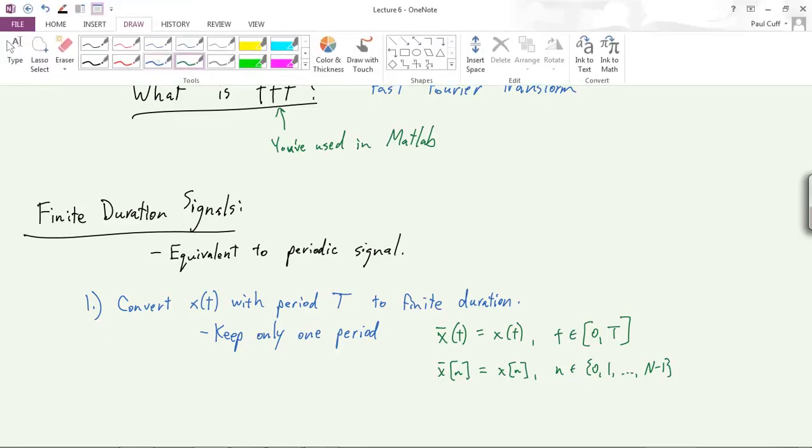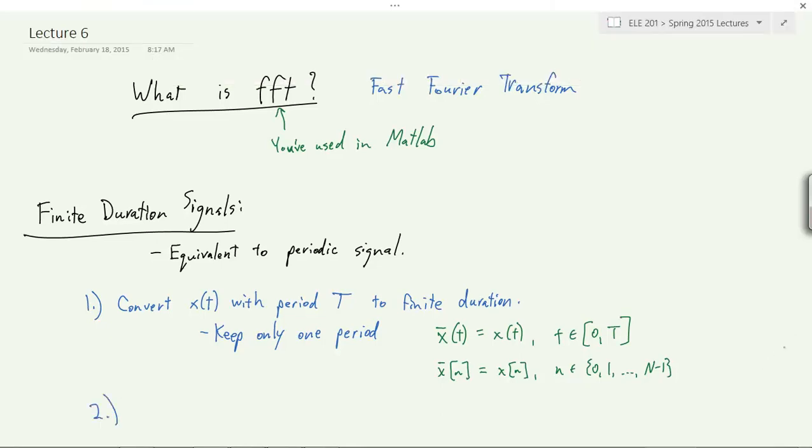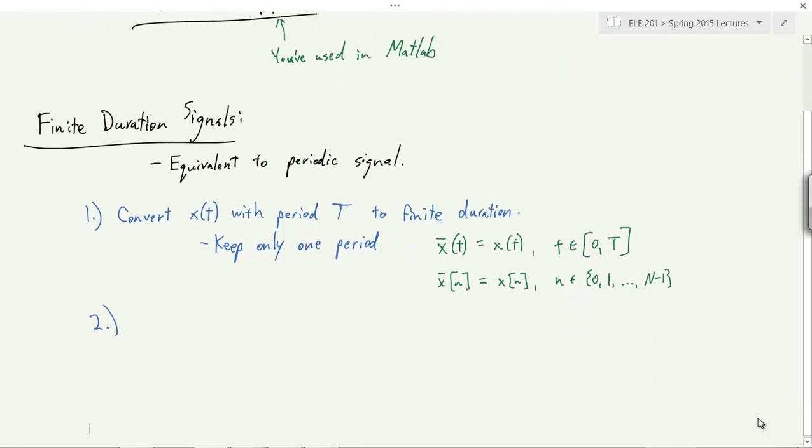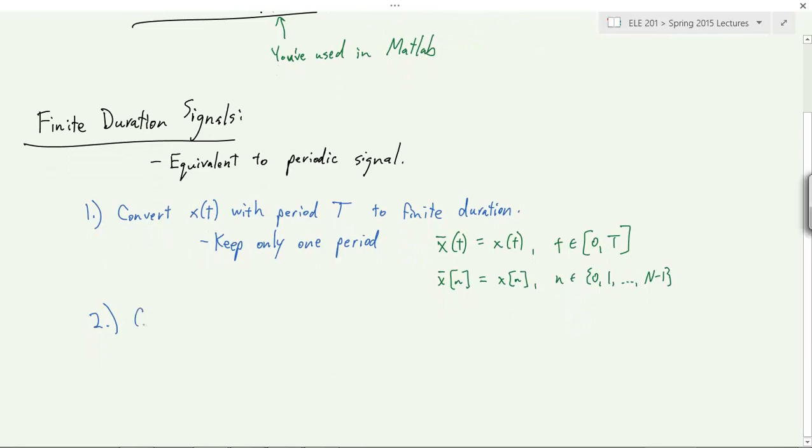And the point is that we could always convert this back to a periodic signal. And this process is called the periodic extension.